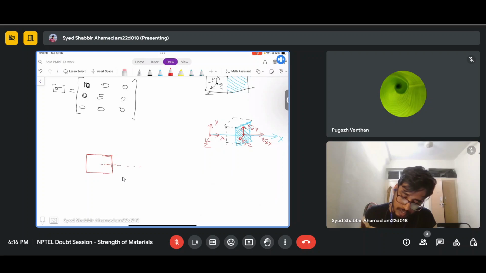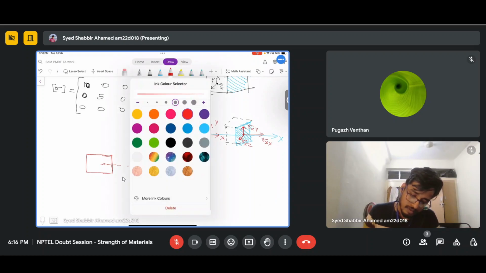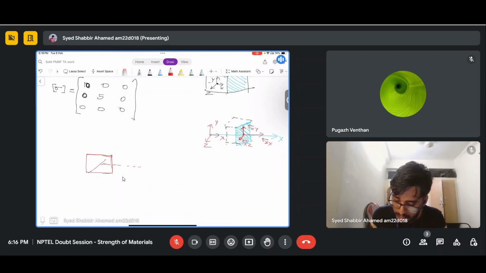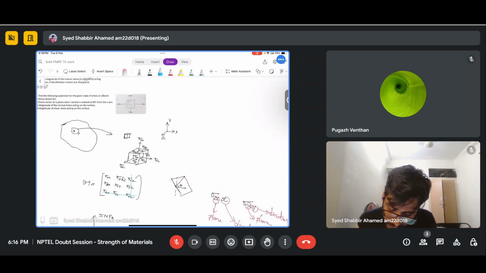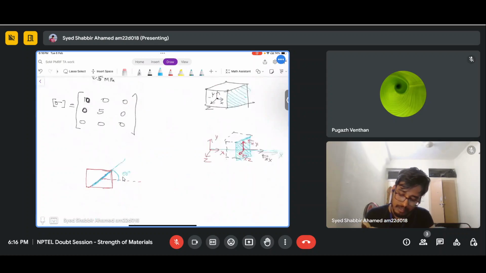This is the x-axis, let's say, and if I take a plane like this, which is at 60 degrees inclination from the x-axis.